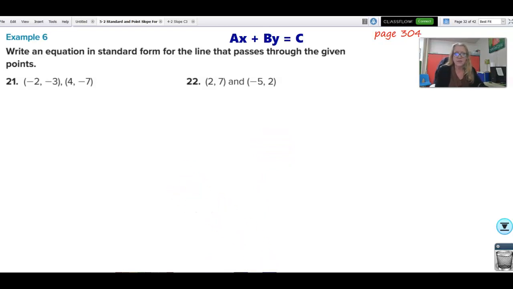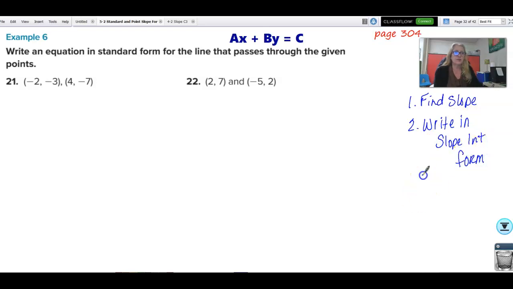Alrighty, so here's the steps when you are given 2 points. First of all, you have to find the slope. I still have not mastered this digital pen. Find the slope. Then you write the equation in slope-intercept form. Then you change to standard form.